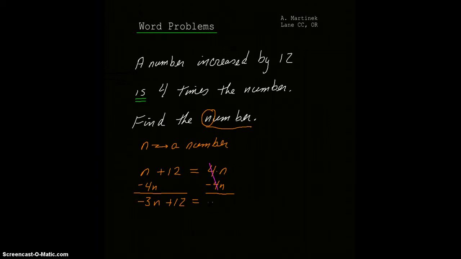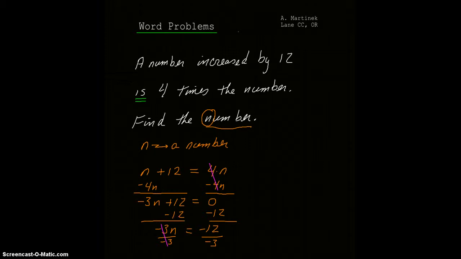Now I'll subtract 12 from both sides to get all the numbers onto the right-hand side, and I'm left with minus 3n is equal to minus 12. Easily done. I'll just divide both sides by minus 3. Or I could multiply both sides by negative 1/3. Same thing, right? We know that. Alright, so the minus 3 over minus 3 is just 1.